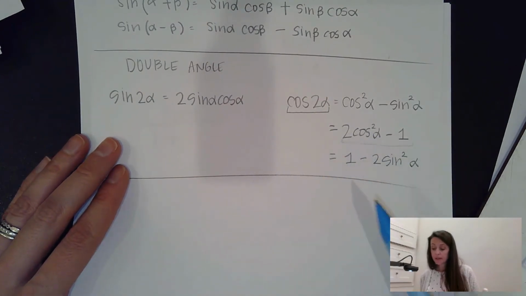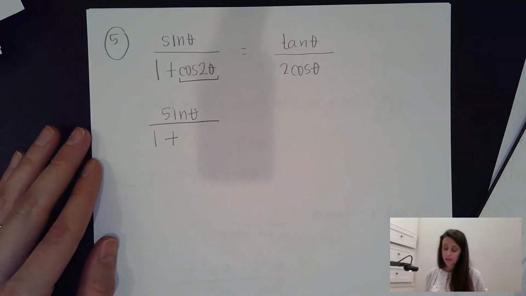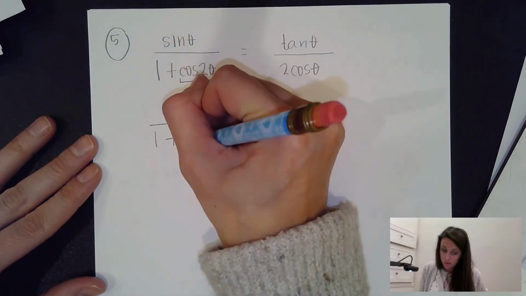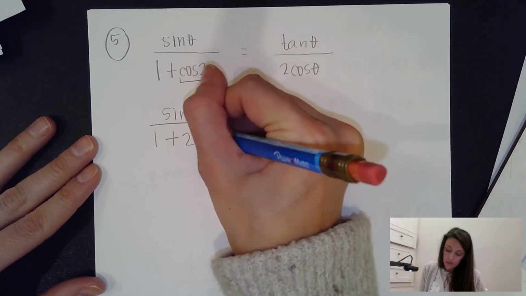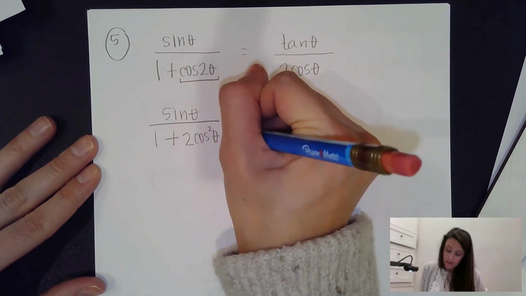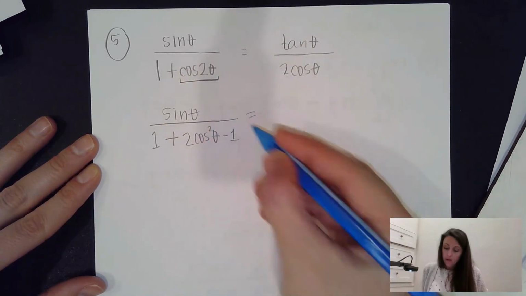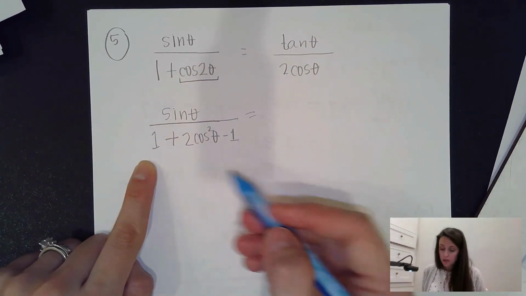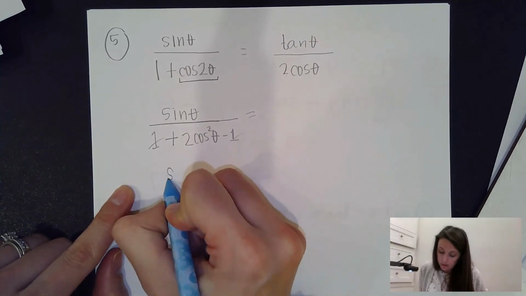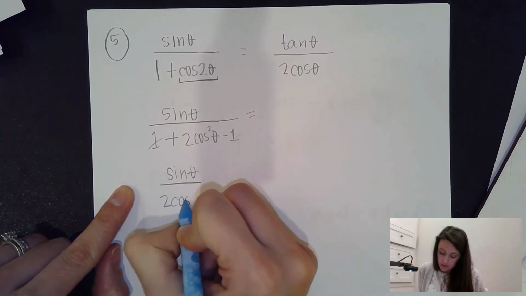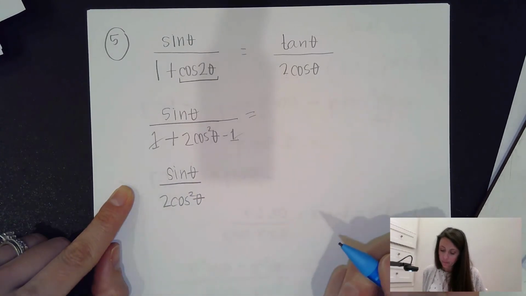It's not there yet, but maybe I could get it there a little bit. So I could rearrange this and write this as 2 cosine squared theta minus 1. And then what happens right here with your 1s, they're going to go away. So you're going to be left with sine of theta over 2 cosine squared theta.